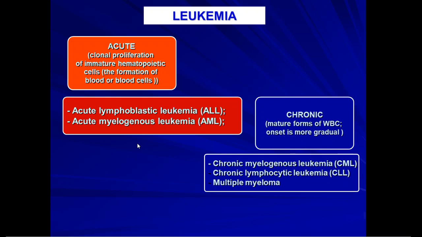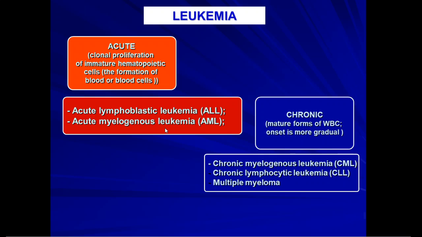For acute, lymphoblast. Right now we see the scheme of the hemoplasm again and conclude this point. So acute leukemia could be acute lymphoblastic leukemia and acute myelogenous leukemia, so-called ALL, AML.